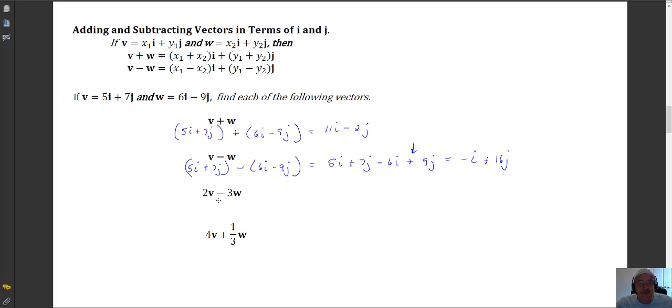So then they can even do some stuff with scalars in here and do some operations on vectors. Now don't panic, don't go, Mama, I can't do it. No, you can say 2 times v is 2 times (5i + 7j), the vector, minus 3 times (6i - 9j). And we've been down this road many times before.